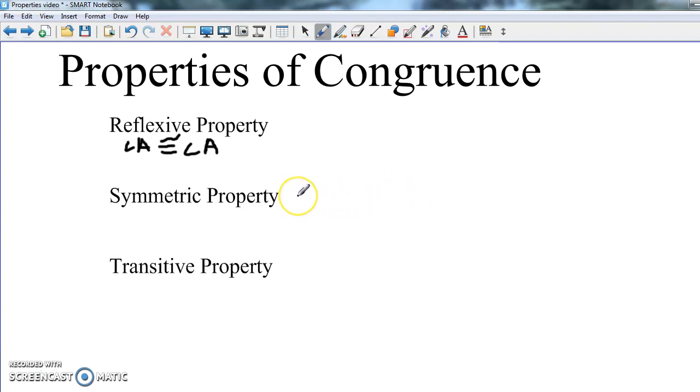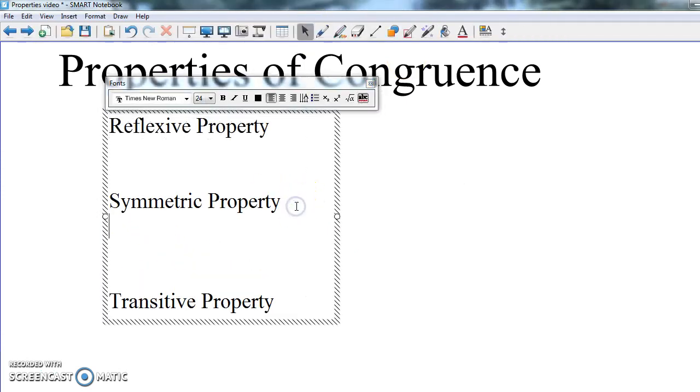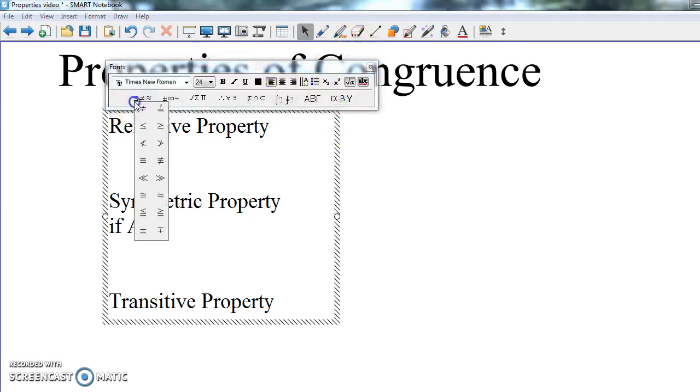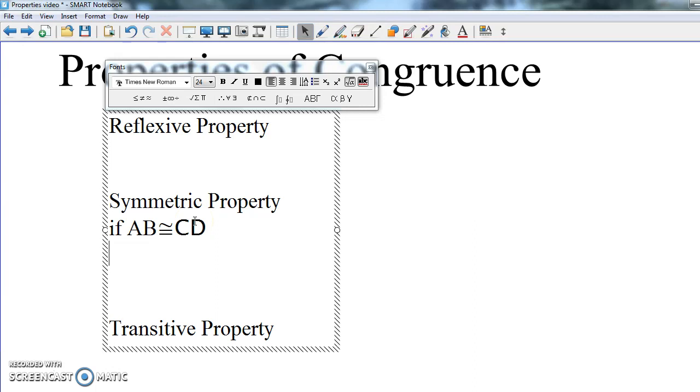But symmetric property, you could say something like, if you know that segment AB is congruent to segment CD, we can use symmetric property to say that CD is congruent to AB instead.